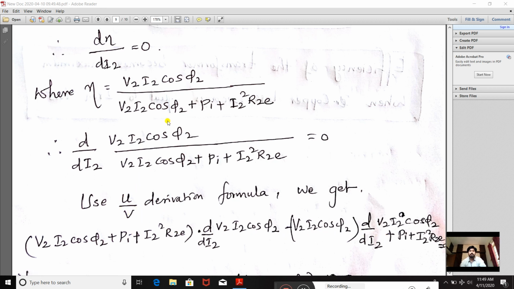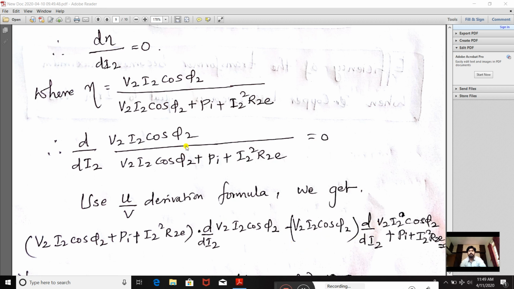Now here v is the denominator term, I will keep it as it is. Then I will differentiate the numerator term, that is u, with respect to I2, so I write V2 I2 cos phi 2 to differentiate, minus u as it is, V2 I2 cos phi 2, keeping it constant.